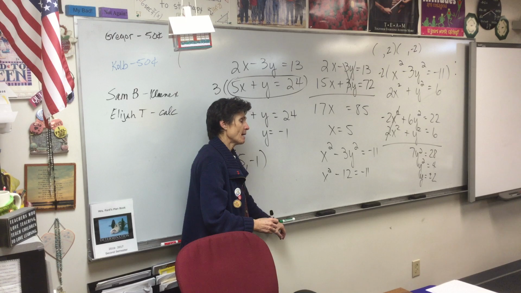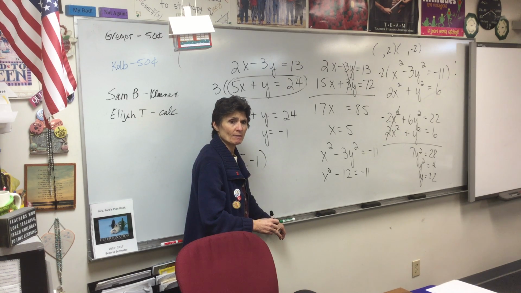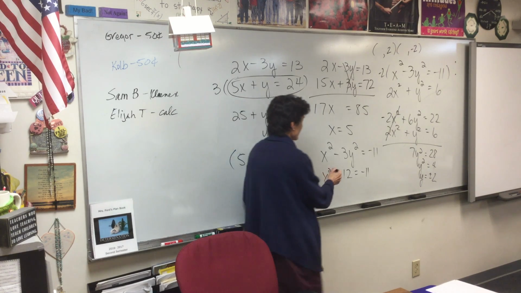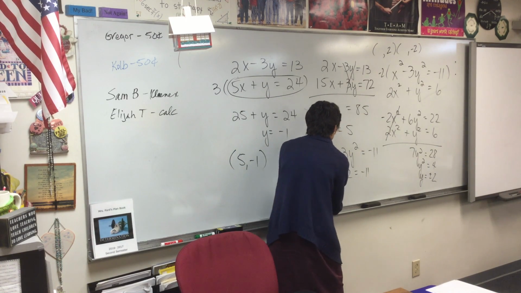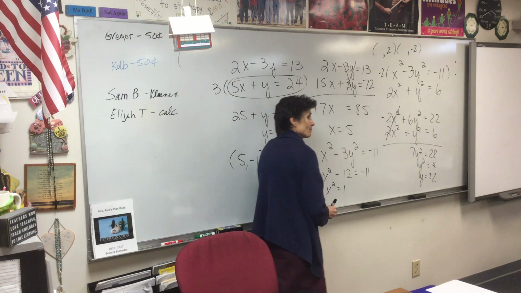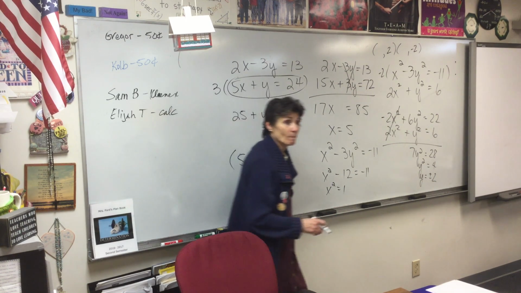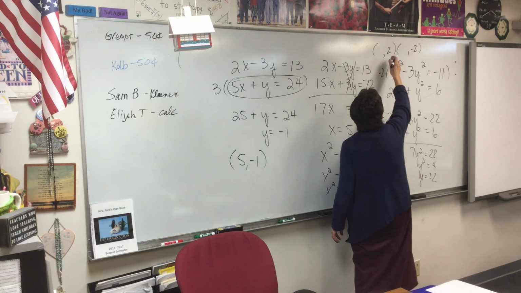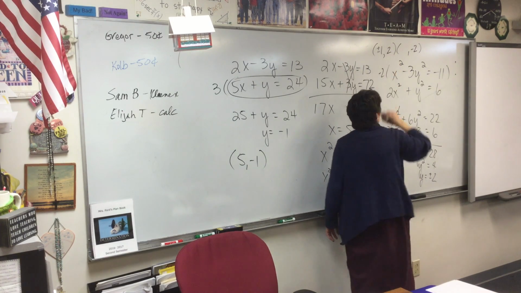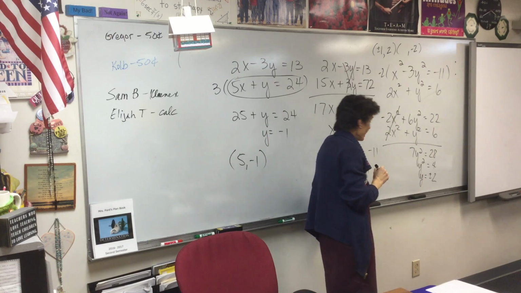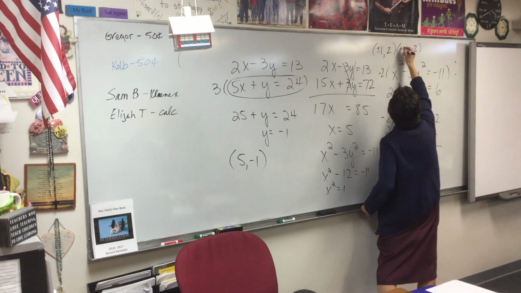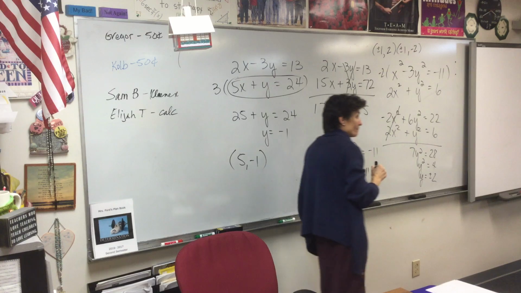By the way, what's going to happen when I put in negative 2? Same thing. It'll be the same thing, isn't it? Because you're squaring it when you put it in. So x squared equals 1. What does x equal? Plus minus 1. Plus or minus 1. So when I put in positive 2, I get plus or minus 1. And when I put in negative 2, I get plus or minus 1.